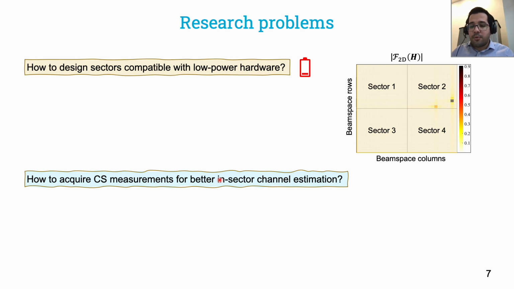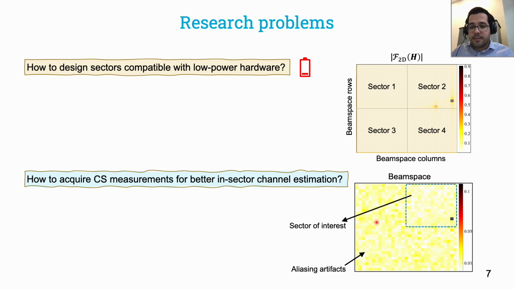Now, a common approach in compressed sensing is to go with random subsampling strategies. These approaches result in aliasing artifacts that are usually spread out in the beam space. For instance, in this picture over here, although the sector of interest, which is given by this green box, had 2 significant coefficients, you notice that aliasing artifacts spread out all over the beam space such that you don't identify the second best spot.